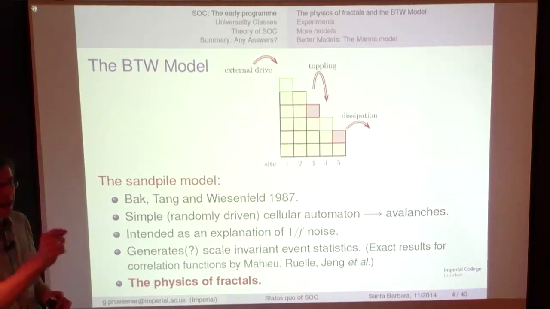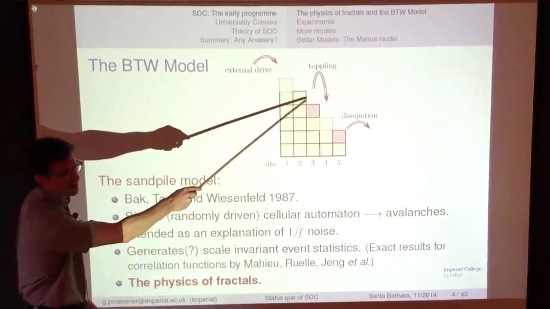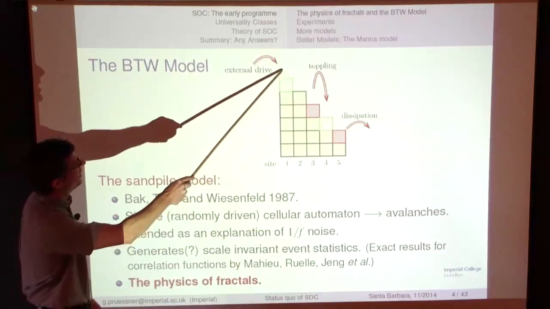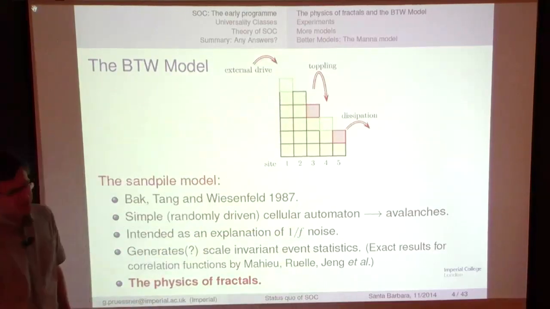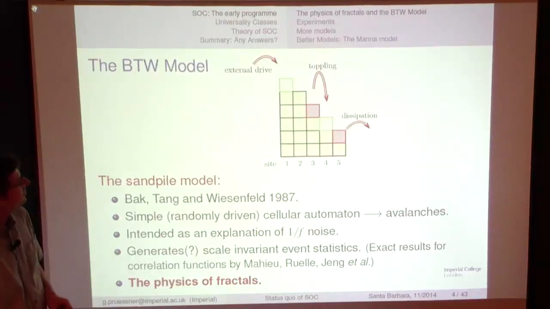And most importantly, the dissipation happens inside the system. Energy is being lost because potential energy is reduced. So Haw and Kadanoff later on called them open dissipative systems.